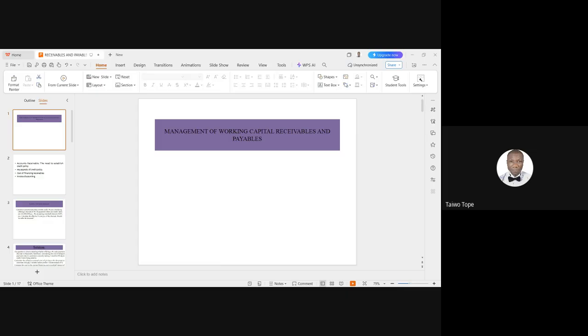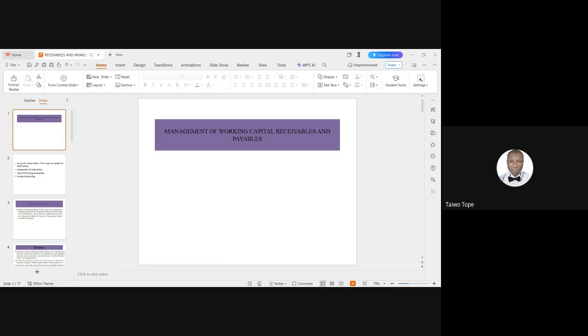When you give too much credit and you are not following up to see how you can recover your money, some of those credits can become bad debt. And even when they become bad debts, in the long run, they might be irrecoverable. So for a business not to run into losses as expected, there is need for proper receivable management.